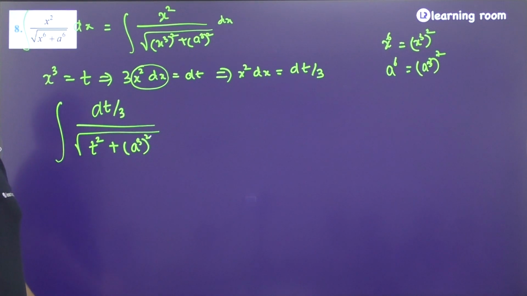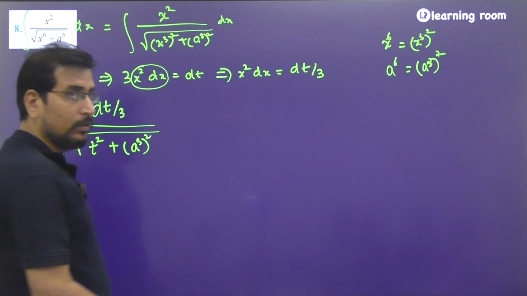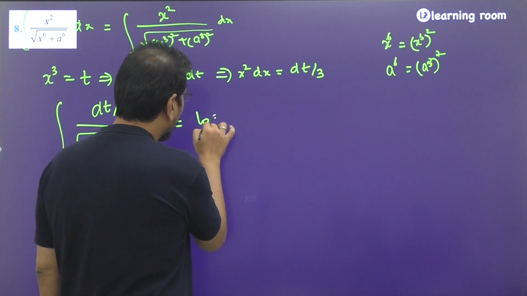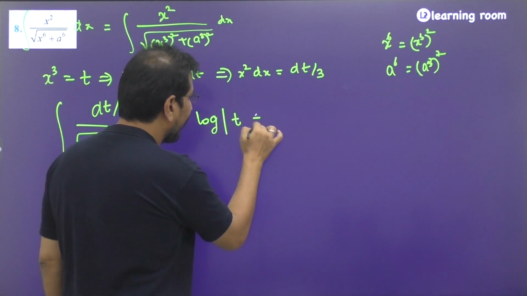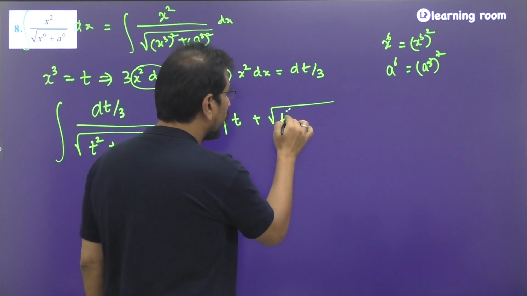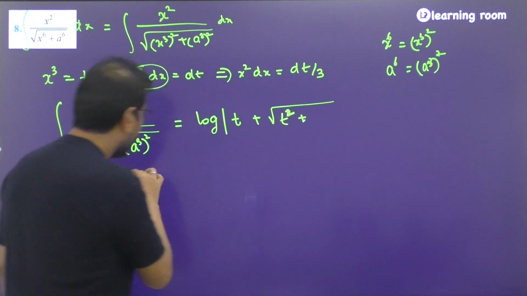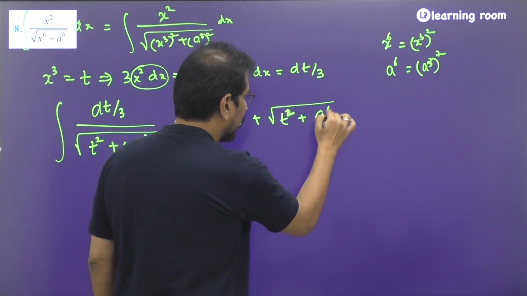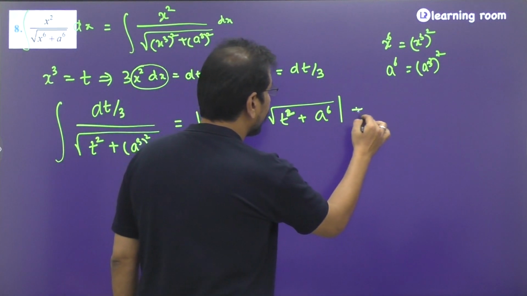Right? Integral of dt by 3 divided by root of t square plus a cube the whole square. So 1 by root of x square plus a square, what is the formula? Log of x plus root of x square plus a square, where x is t, so t plus root of t square plus a power 6, plus c.